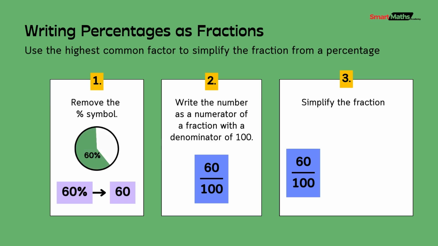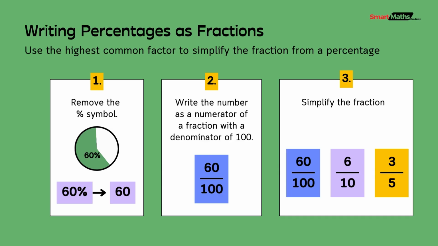The first thing is that you can cancel out the zeros, one zero up, one zero down, and that will result in 6 out of 10. Then we can still simplify it further by dividing 6 by 2 and 10 by what? 2.